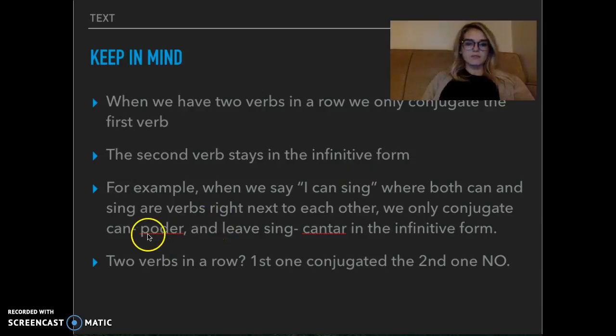It would be I can, yo puedo cantar, instead of canto being conjugated as well. So the two verbs in a row, first one conjugated, second one no. Definitely make note of this, because we will need that a lot throughout the semester, and it's just a really good handy tip to have in your notebooks written down.